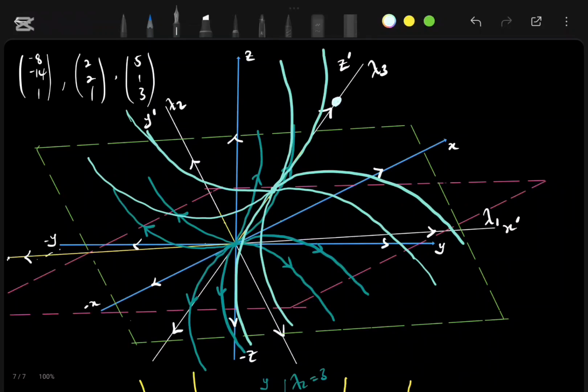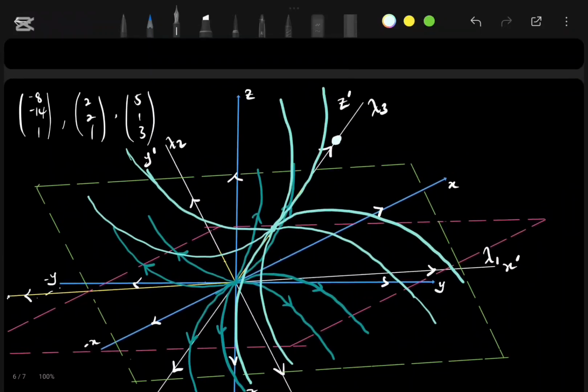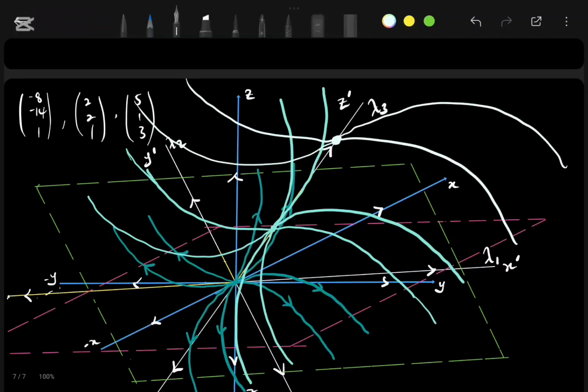If you were to draw the next point here, it will be very big, very big, bigger again.